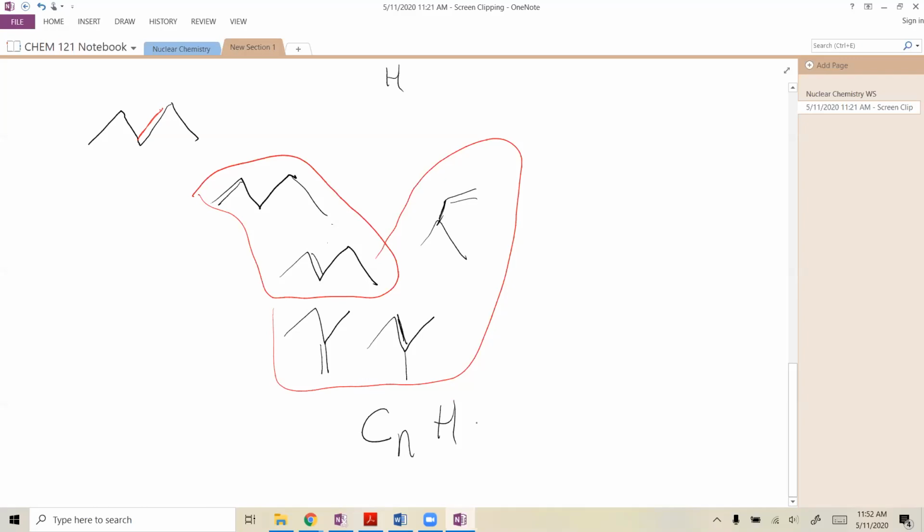And so how many hydrogens should we have if it's an alkane? So if you have your carbon with an N, this one is going to be 2N plus 2. And this is how you have an alkane. If you're less than that, then that means that you have to have a double bond or a ring in there.